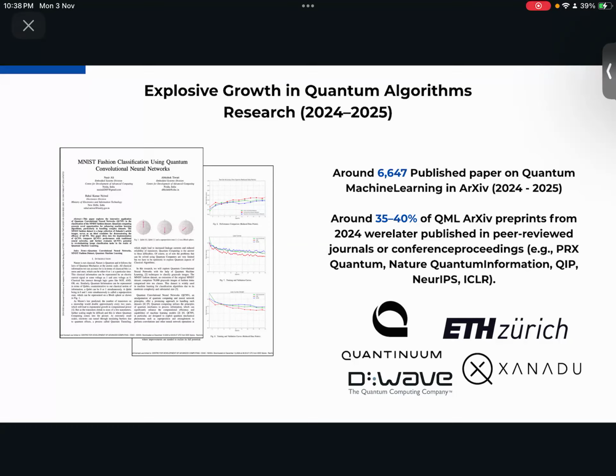We also have several use cases on quantum machine learning developed by research centers in ETH Zurich, and by the company Xanadu, which is a Canadian-based company, and they have PennyLane, which is one of the most famous frameworks that allow us to do quantum machine learning.